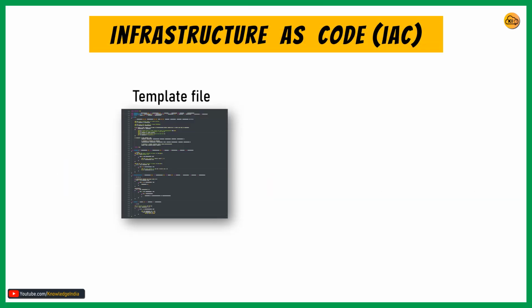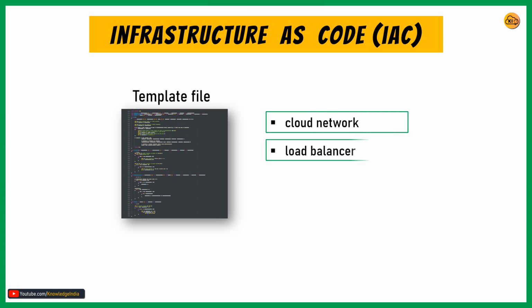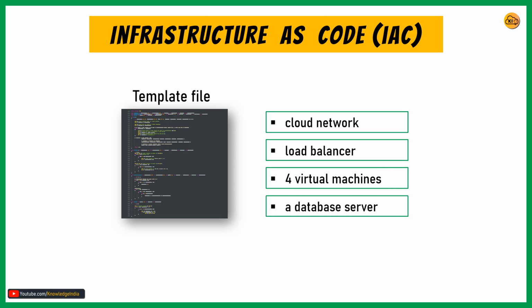Infrastructure as code, or IaC, is the practice of managing your infra with the help of code. A customer can write down a simple human readable file or a template which specifies all the cloud resources that need to be provisioned. It will also contain the required attribute values for those resources. So you can go ahead and write a template which creates a cloud network, a load balancer, 4 virtual machines, and a database server.